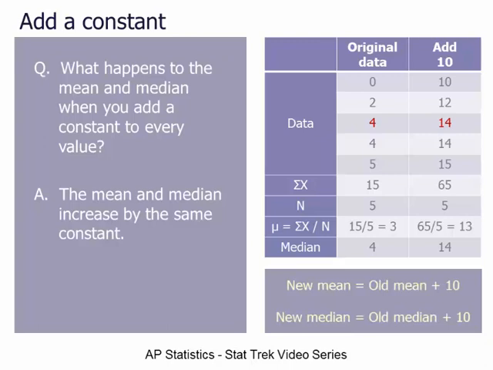And the new median is 14, which is equal to the old median, 4, plus the constant, 10. This example illustrates the following rule. When you add a constant to all of the values in a data set, you also add that constant to the mean and median of that data set.